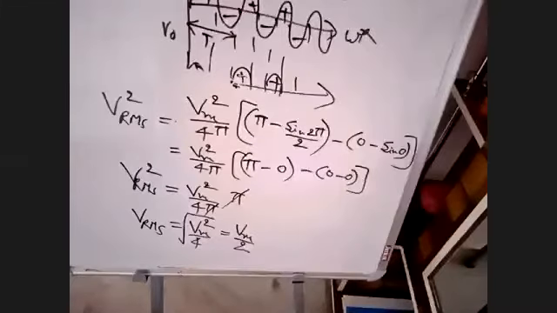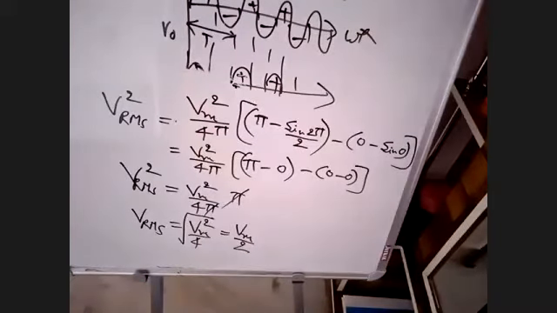This is the RMS voltage: Vm by 2 for the half-wave rectifier. In your plus 2 also you have derived the same thing. RMS voltage is equal to Vm by 2.